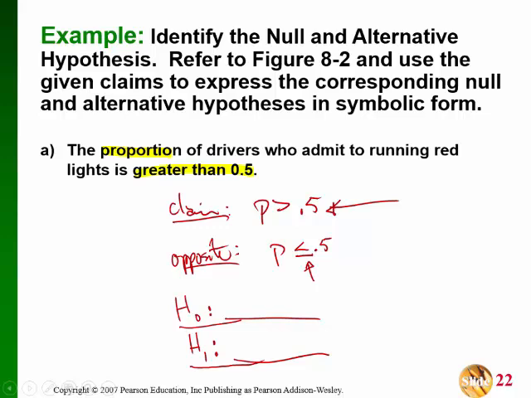Well, that's dependent on the problem. Problems aren't always like this, but yeah, that's another good point. So in this case, what we're looking at is whether the claim contains a condition of equality or does not contain the condition of equality. Here, the claim does not contain a condition of equality.